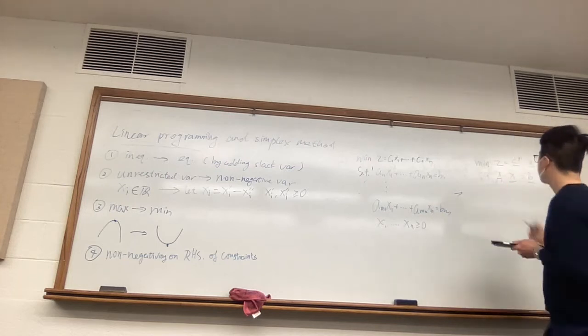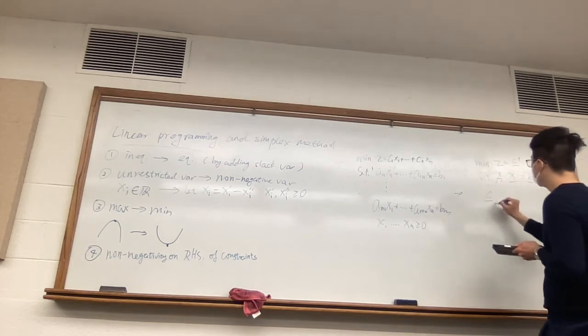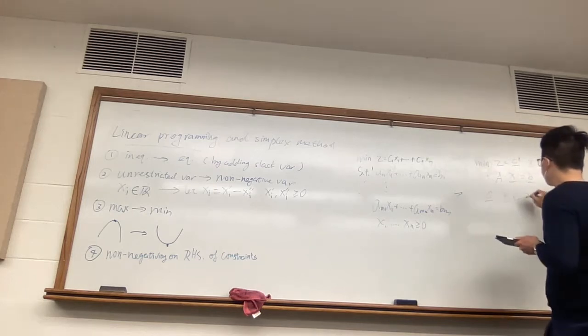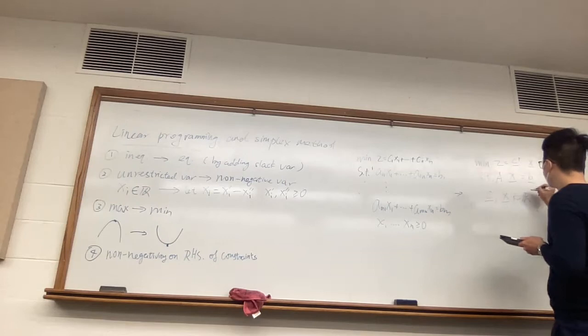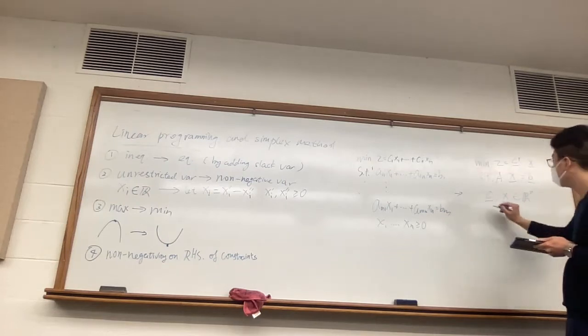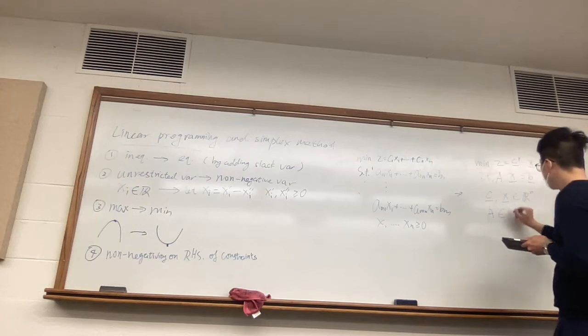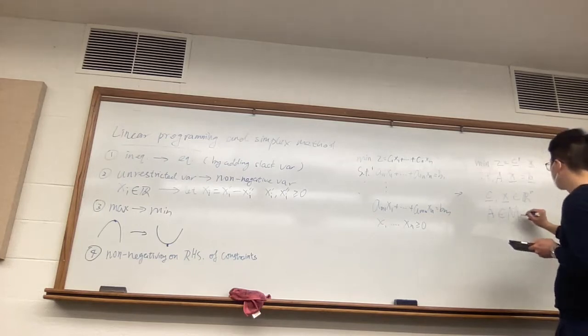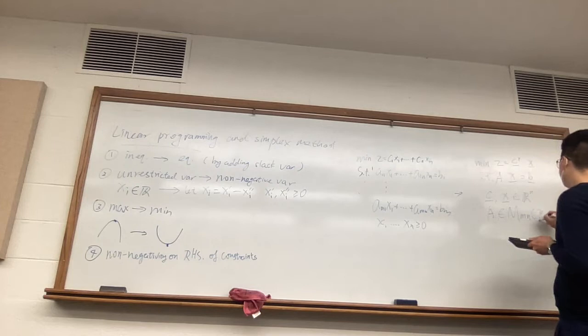And your c and x should be in R^n; they are n-dimensional vectors. And your A, you can write as being in R^(m×n).